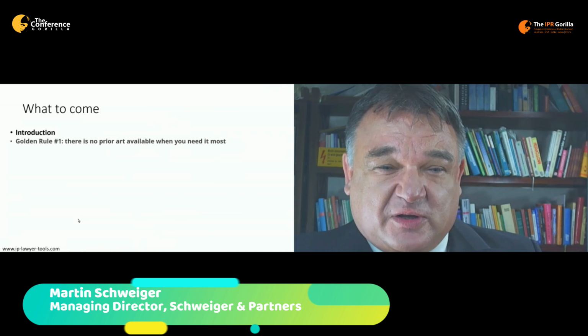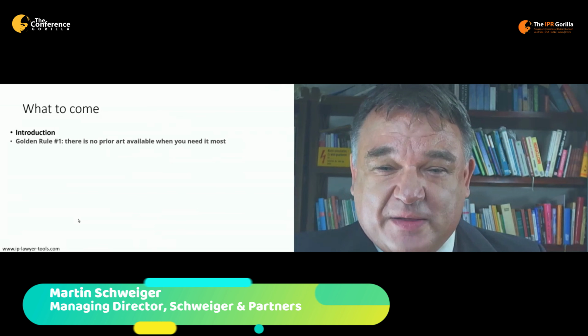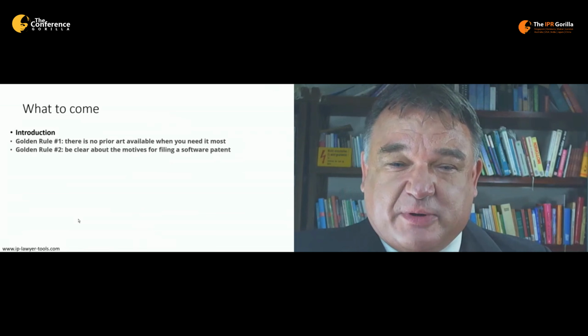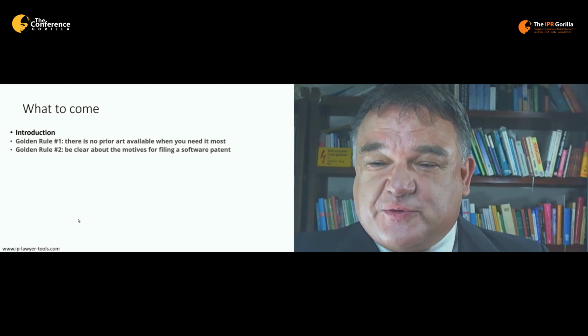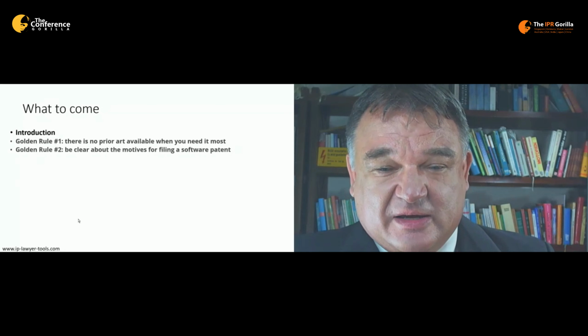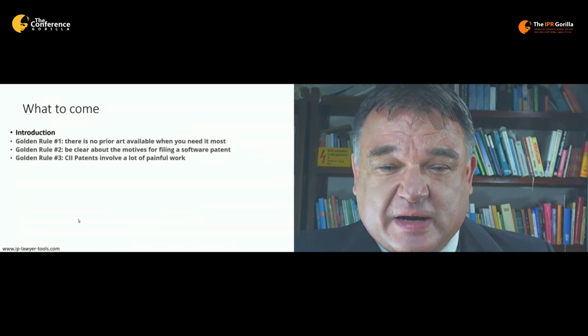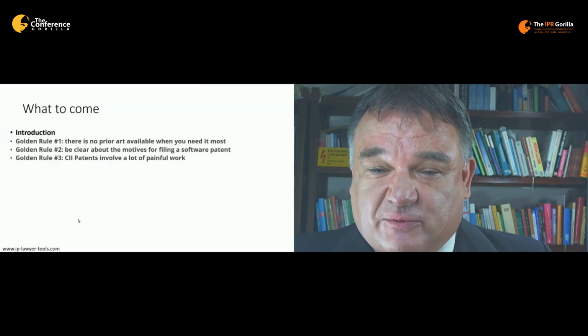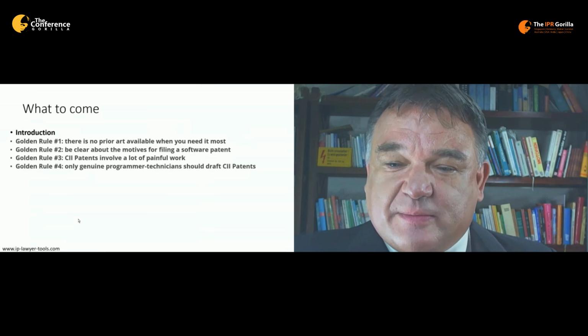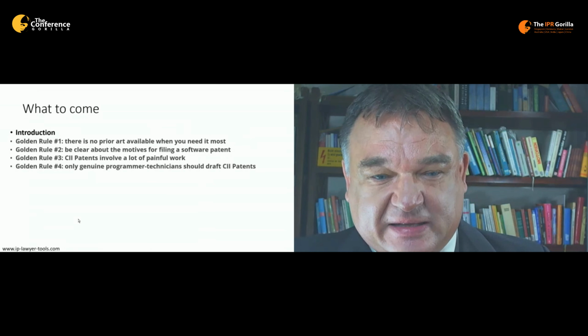So first I give you an introduction, then golden rule number 1, there is no prior art available when you need it most. Golden rule number 2, be clear about the motives for filing a software patent. There are several motives and I will explain what is good and what not. Golden rule number 3, CII patents involve a lot of painful work. Golden rule number 4, only genuine programmer technicians should draft CII patents.